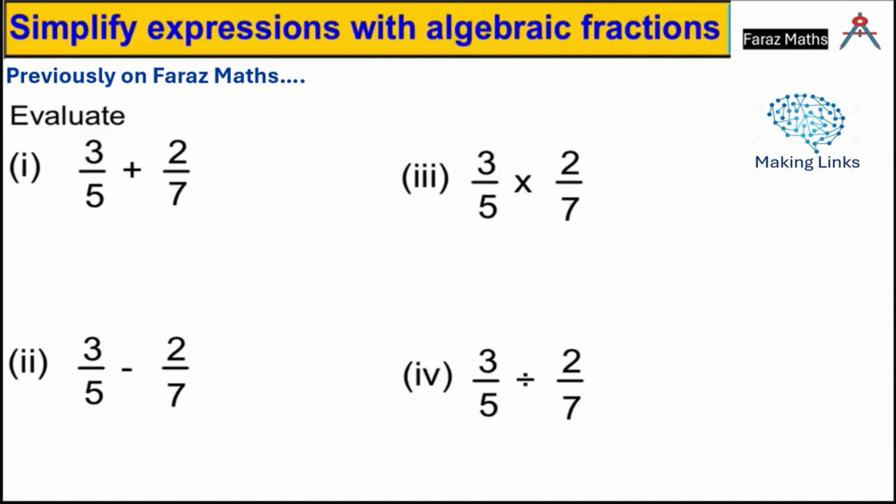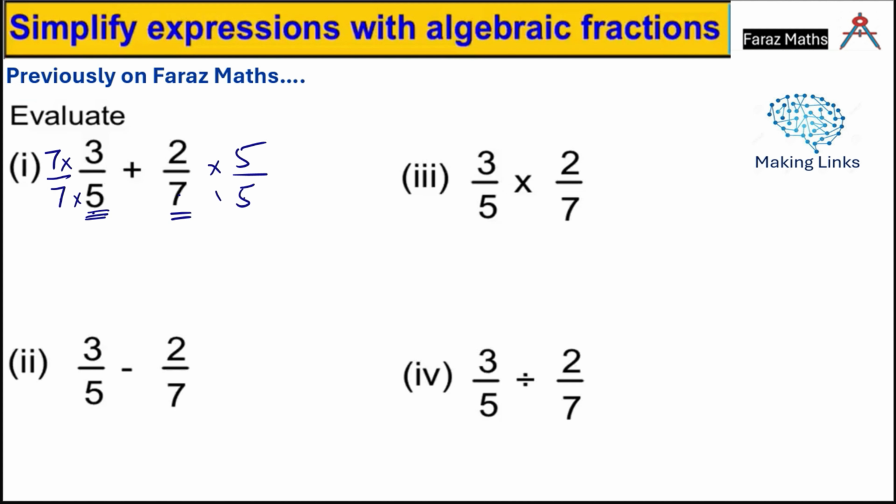In the first question, if you want to add the fractions, it is 3 over 5 plus 2 over 7. What you have to do here is make the denominators the same. If you multiply 5 by 7 there, and multiply this 7 by 5 there, the denominators will become the same. 5 is the denominator of the first fraction, so we multiply it in the second fraction, and 7 is the denominator of the second fraction, so we multiply it in the first fraction.